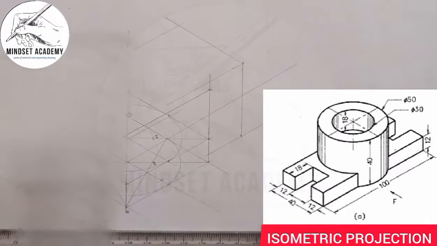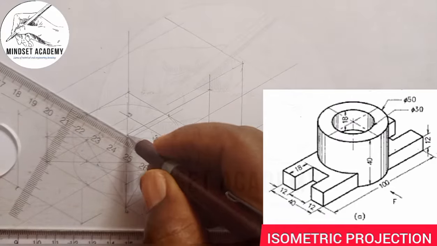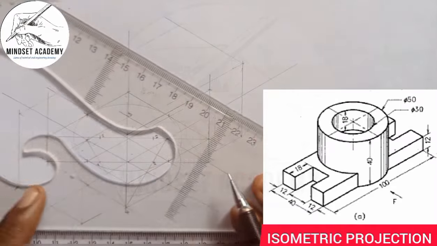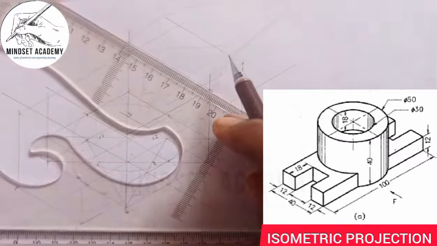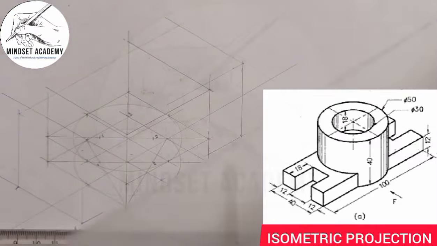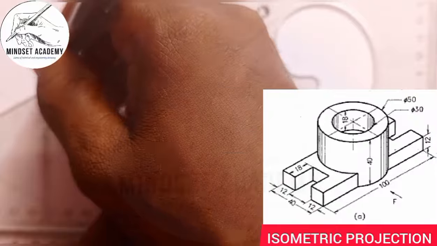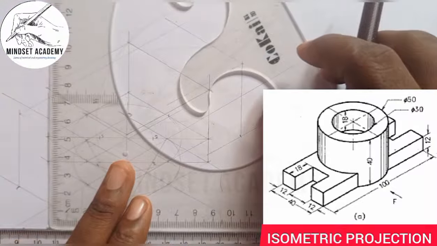I'll turn it this way, and I can easily transfer this point to this point, and this point also to this point. Then I can close it up here from this point to this point. You can see that?